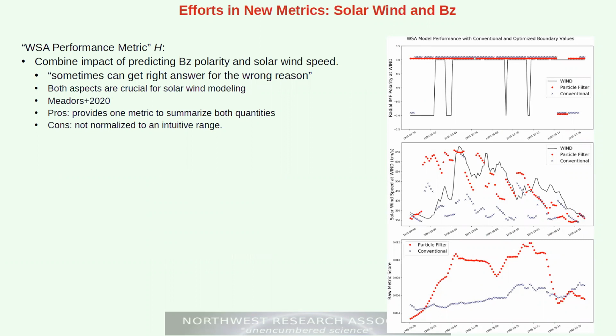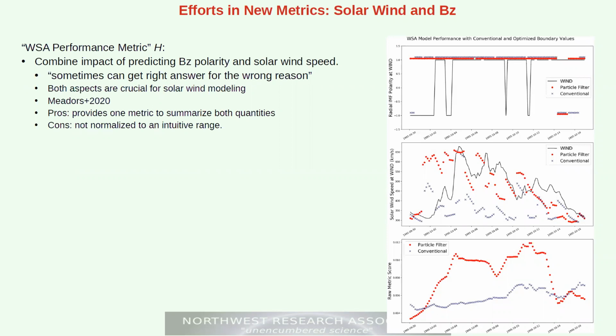You can kind of just, like, everything adds together in the right way or the wrong way, depending on how you want to say it. And so this metric actually combines the polarity of the magnetic field that is being predicted with the solar wind speed. And so you get one number that really can tell how things are working on both of those really critical regimes.